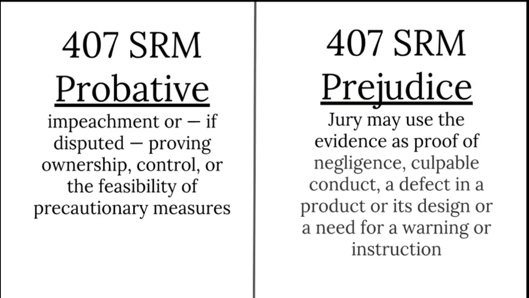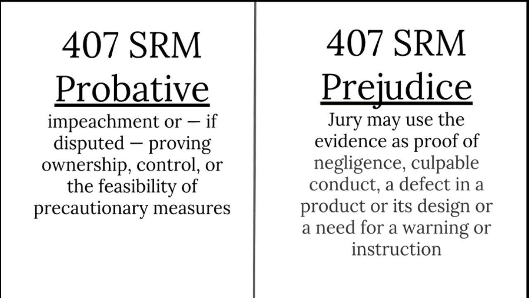Now let's take something like 407, subsequent remedial measures. The probative value, and this is just from the rule, is impeachment, or if disputed, proving ownership, control, or feasibility of precautionary measures. That's my probative value. This is what I wanted it to come in for. Now let's see, what's the prejudicial effect? Well, the fact that the jury may use it as proof of negligence, culpable conduct, or defect.